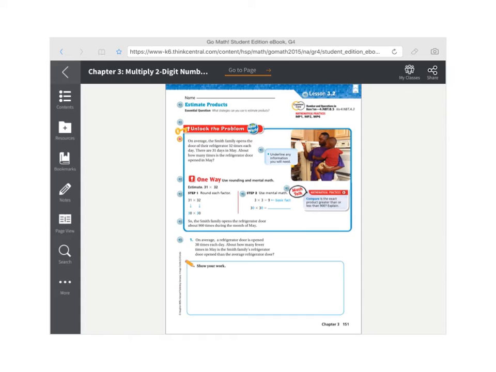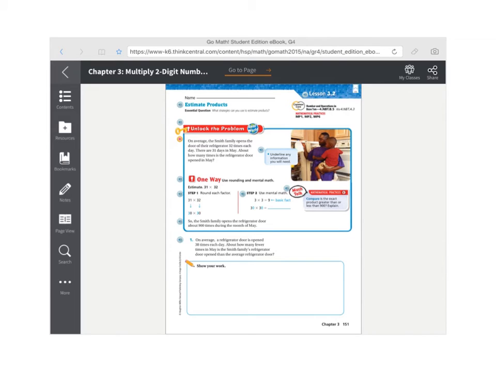So we're still doing how many days? How many days are in the month of May? Think and say. 31. Yep, so 31 and 31. Okay, we've already figured out that 32 times 31 is going to be close to 900. Now we just have to round the actual amount here. So it said 38. So if we round 38, that 8 tells the 3 to stay the same or to add 1.